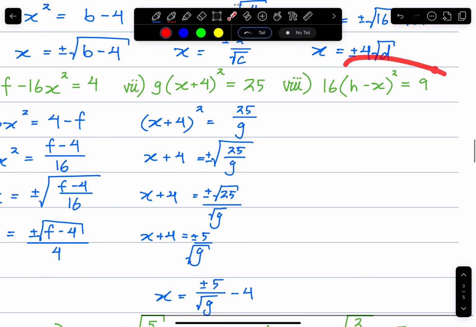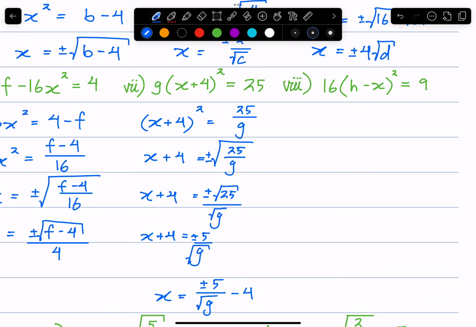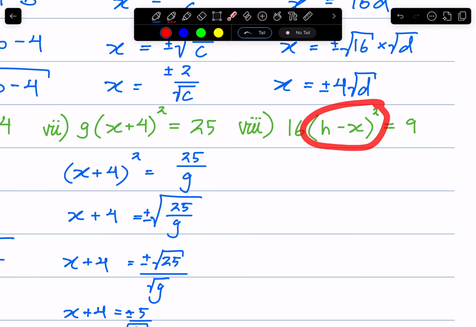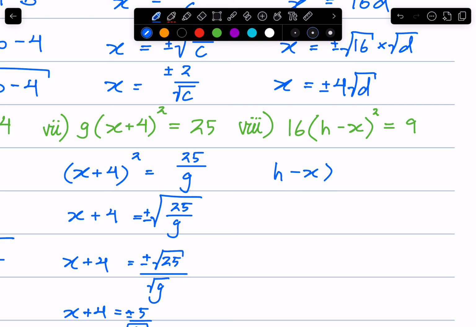Okay, so let's finalize this problem here. Last one for the video. For this, remember, it's not good to expand this group because of the square. It becomes more complicated. So we're immediately going to divide by 16, which gives us h minus x squared equals 9 on 16.